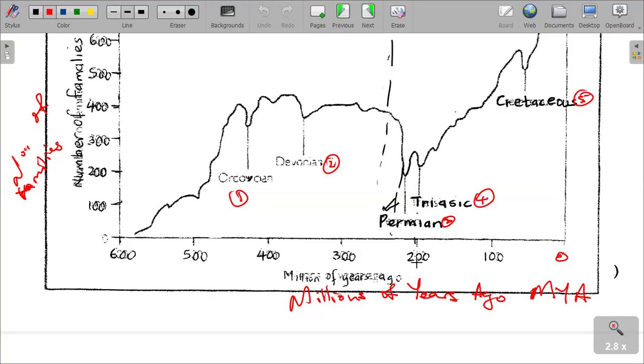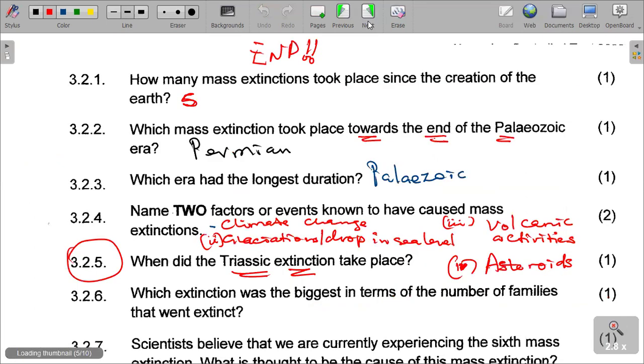It took place 2 million years ago. The Triassic era is this one that is being asked, the class. It is the Triassic era here. So as I'm saying, you look on the scale of the time, hence it took place 2 million years ago.